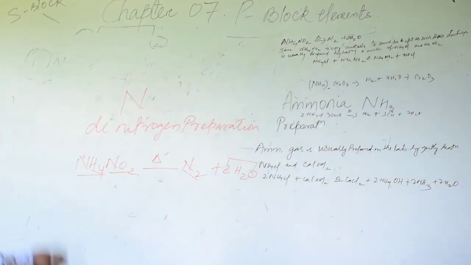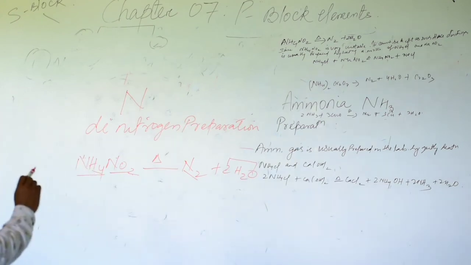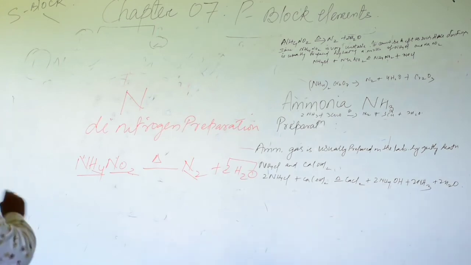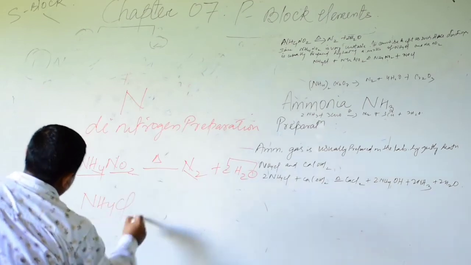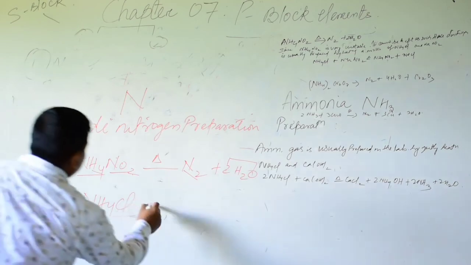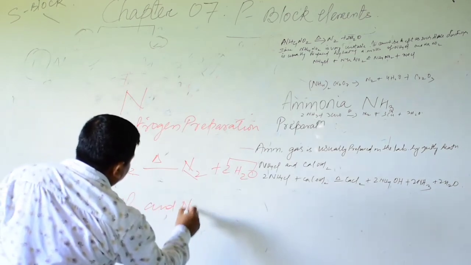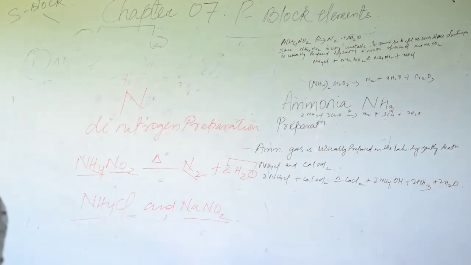Secondly, since ammonium nitrite is very unstable, it cannot be kept as such. Hence dinitrogen is usually prepared by heating a mixture of ammonium chloride and sodium nitrite, NaNO2.